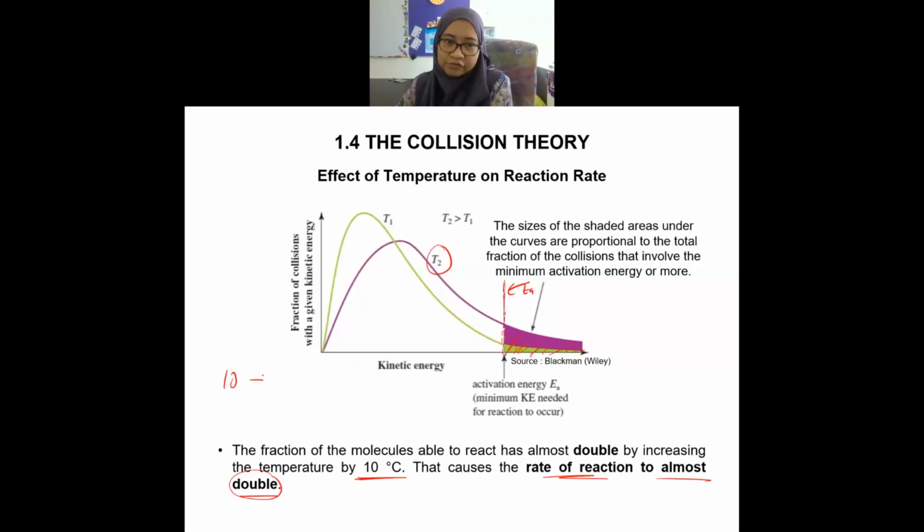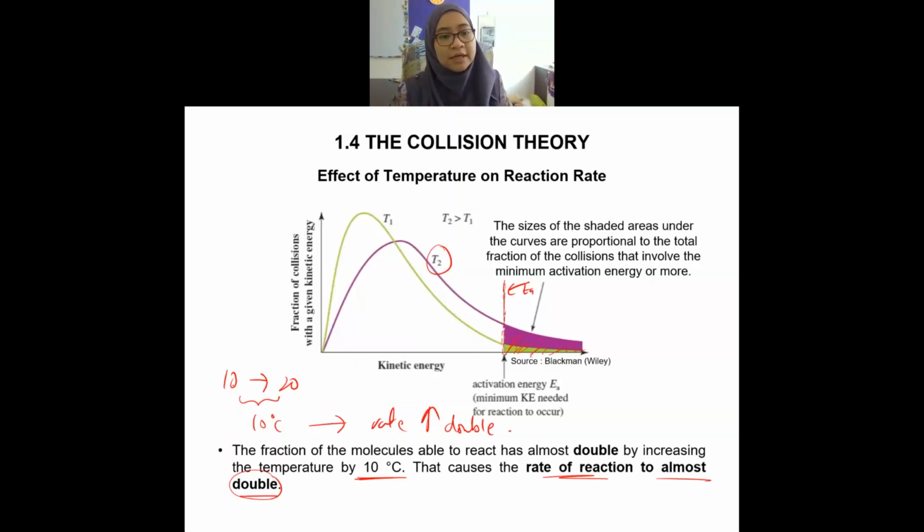Katakanlah 10 to 20. The difference between these two temperatures is 10 degrees Celsius kan? 10 degrees Celsius difference, but the rate will increase double. Ni kita doublekan lah, 10 to 20 kan double kan? So the rate will also double.